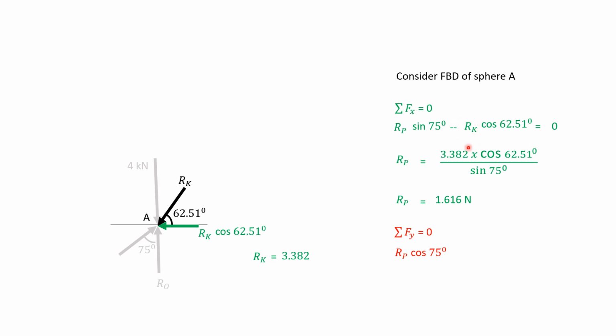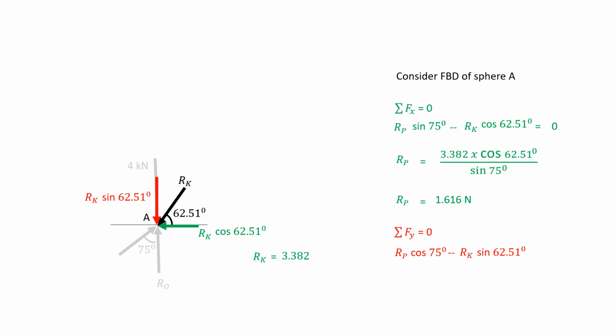Substituting the RK value, we get the RP value. Now resolving RK vertically, it will be RK sin 62.51 degrees, directing towards negative y-axis, so minus RK sin 62.51 degrees.